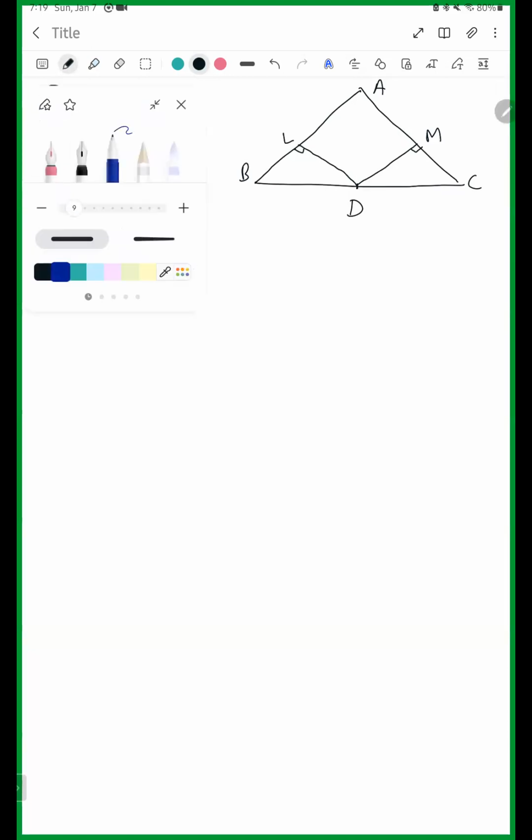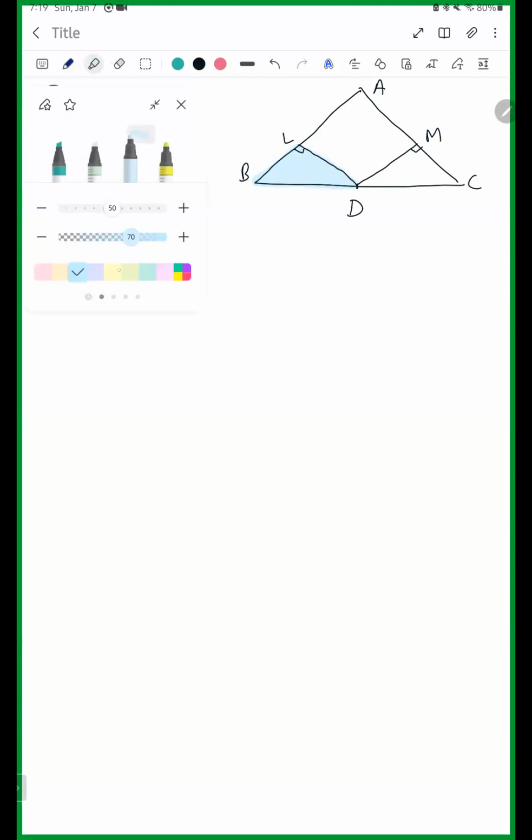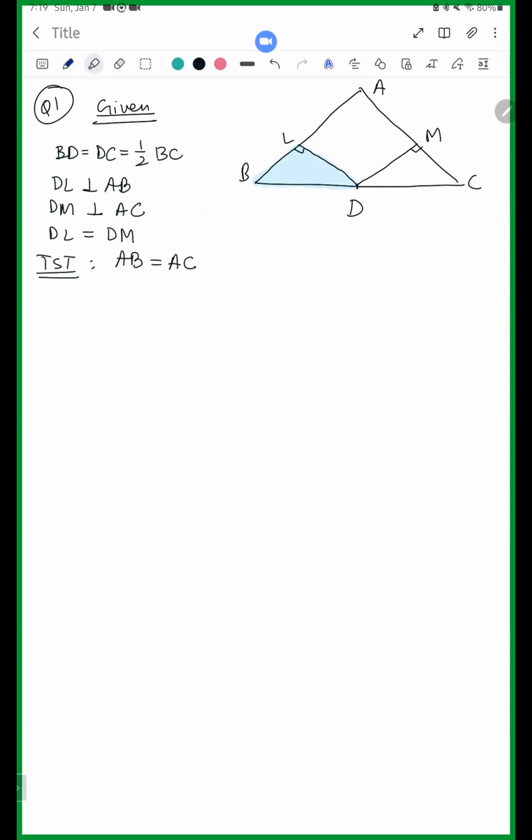So what we can do is, let's start with these two triangles. Triangle BDL and CDM.